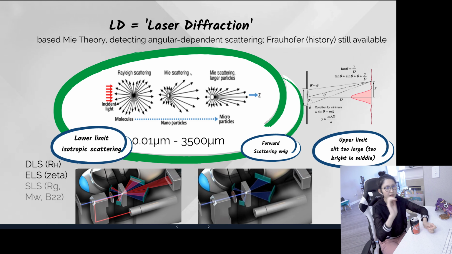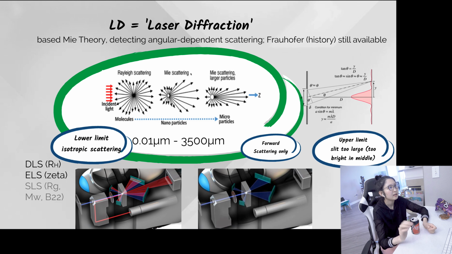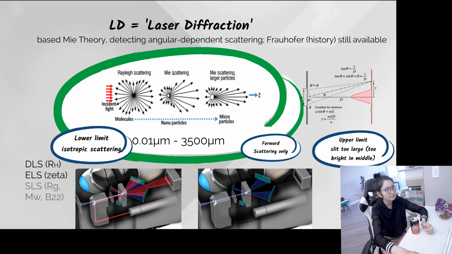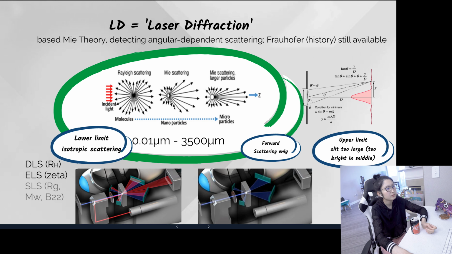So the key take-home point is that when you see laser diffraction, we are really talking about the angular dependence of the scattered light getting out of this particle or passing through this particle. And for the majority of cases, we use the complete Mie solution.